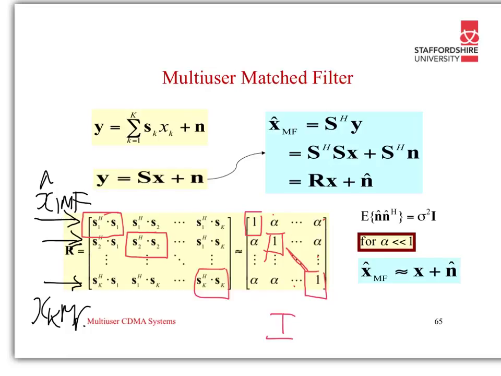However, if we're using semi-orthogonal codes or Gold codes, then alpha is a very, very small number. So X hat match filter is approximately equal to X plus 1. If these alphas are higher, then we get a poorer output, but we can also improve on that.